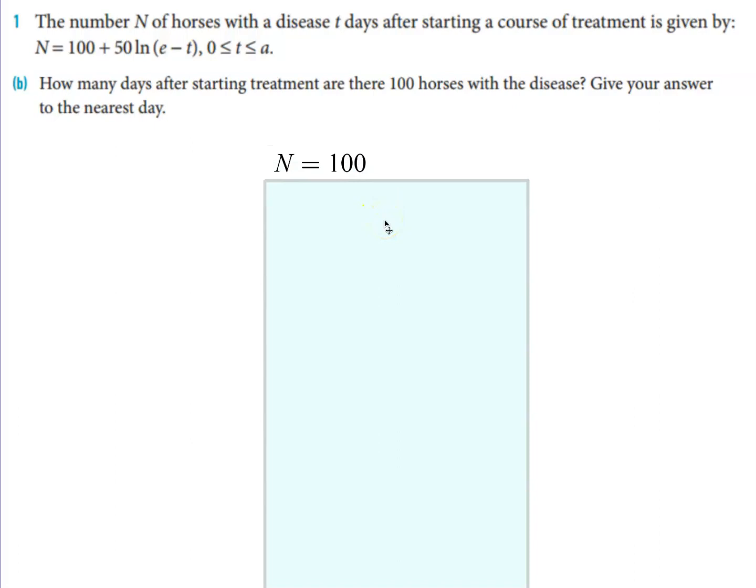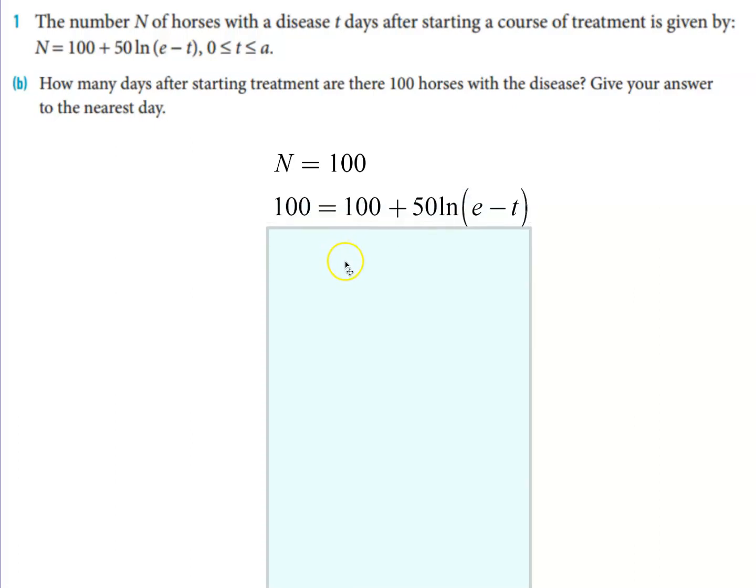In this case, they're telling you that n is equal to 100, and then we have to solve for t. So basically, just solve the equation. Substitute 100 in place of n is step 1. What I've done there is take 100 from both sides to give you that equation.